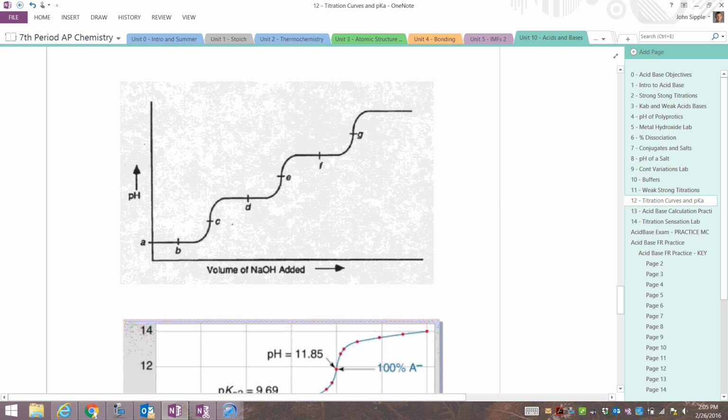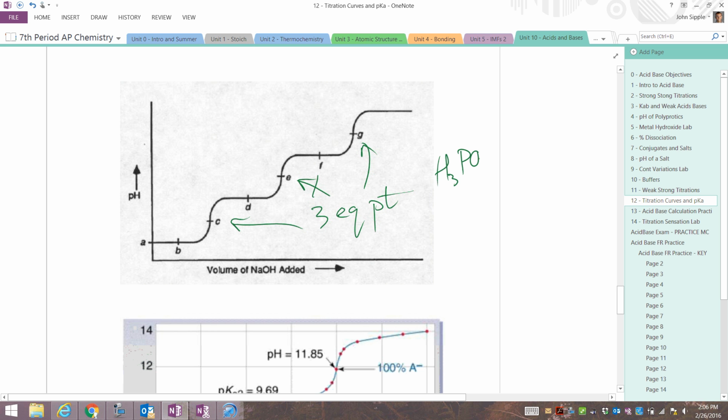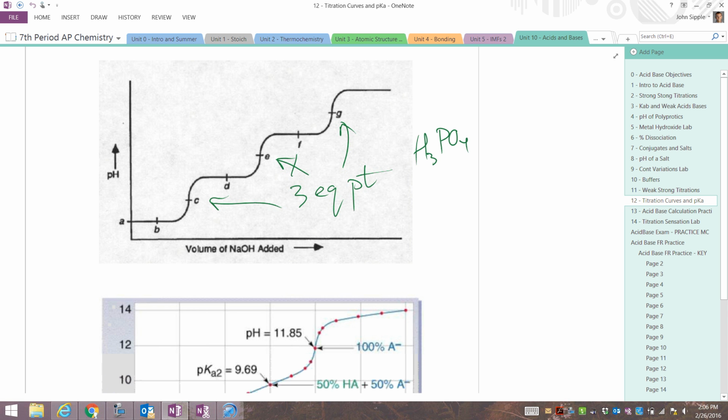If you keep going on the next page, right there you've got 3 equivalence points. Maybe this is H3PO4, where you've got 3 H's to titrate, so you've got multiple steps going up. All right, another polyprotic acid, that's kind of an example of that.